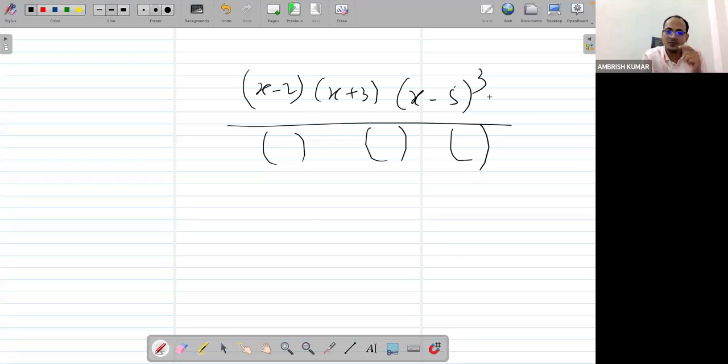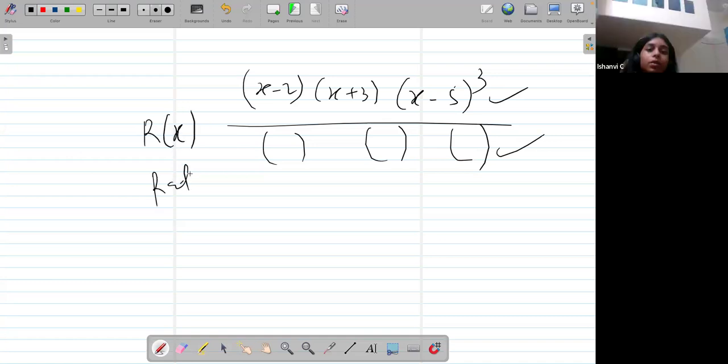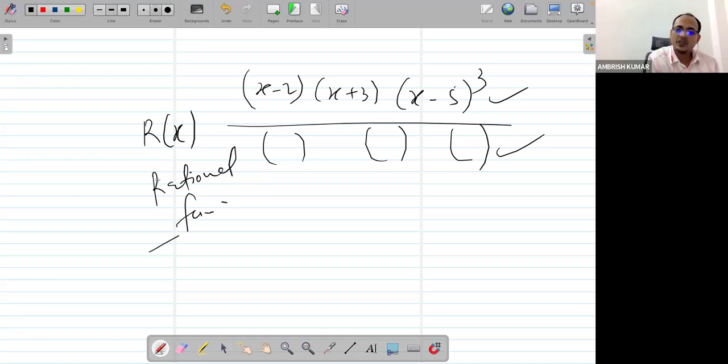So here some polynomial in the numerator, some in the denominator, that we call a rational function. If you can handle the rational function, you can handle quadratic as well, for those quadratics for which the roots are real and distinct, like when the discriminant is positive. So if you can handle the rational functions, you can handle everything.